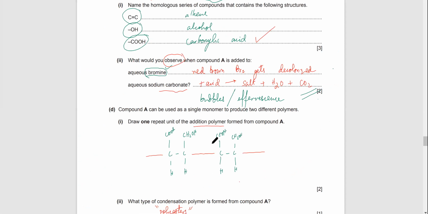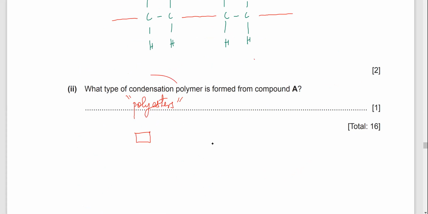So what type of condensation polymer would it form? It would form a polyester. It's going to form ester links. Is it clear to everyone?